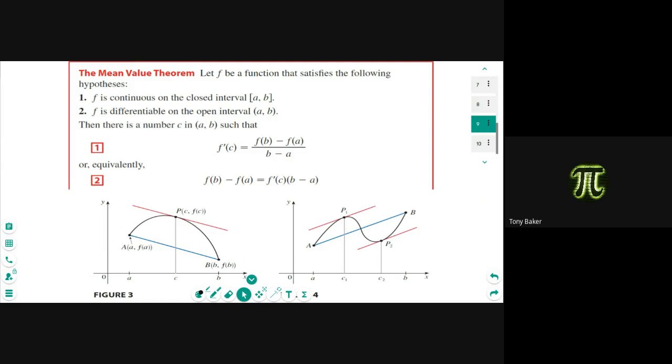It's the same concept. If I know between here and here the slope is 1/2, at some point over this curve the slope's also got to be 1/2. Slope is y1 minus y2 over x1 minus x2.